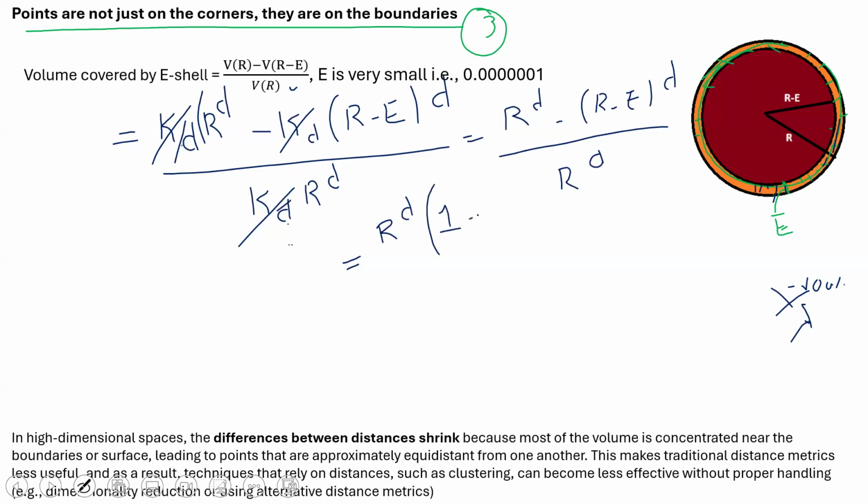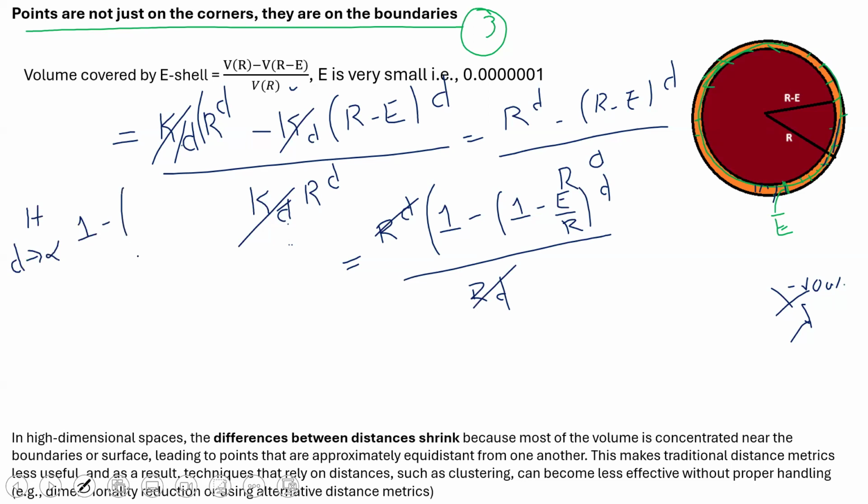So this becomes 1 minus (E by R) whole to the power of d, divided by R to the power of d. So I'm going to cancel R to the power of d. So it all comes down to the limit d tends to infinity of 1 minus (E by R) whole to the power of d.